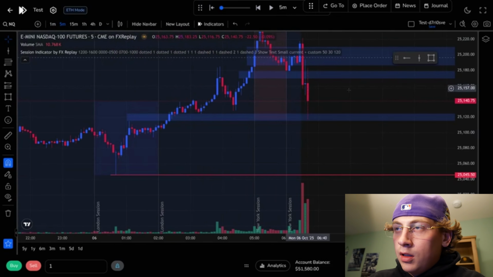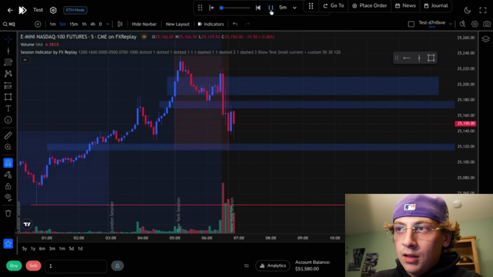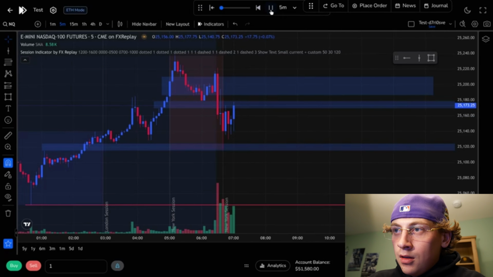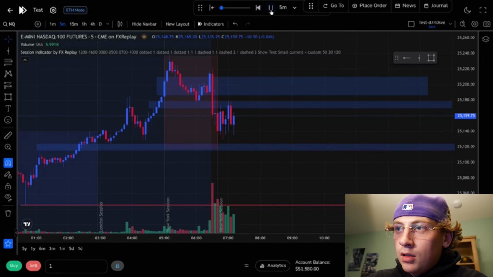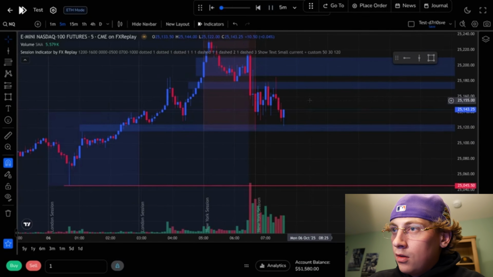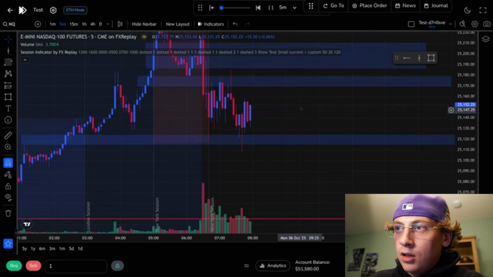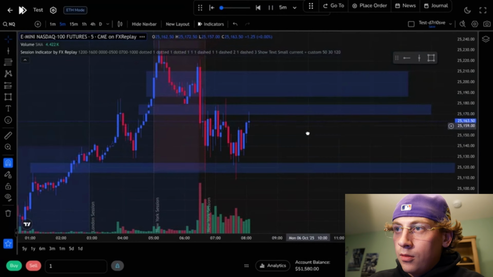And I'll see if it will continue down. But doesn't look like it's going to. So as you can see, price took that gap. It's going to chop around and then shoot right back up.